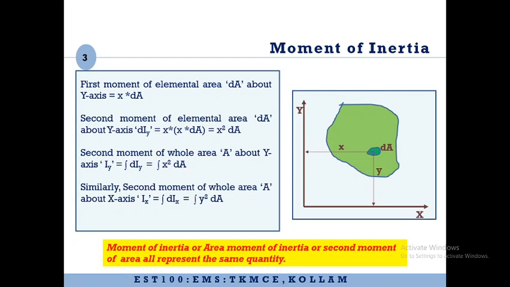Thus, moment of inertia about the x-axis is equal to integral y square dA, and moment of inertia about the y-axis equals integral x square dA. These terms, moment of inertia or area moment of inertia or second moment of area, all represent the same quantity.